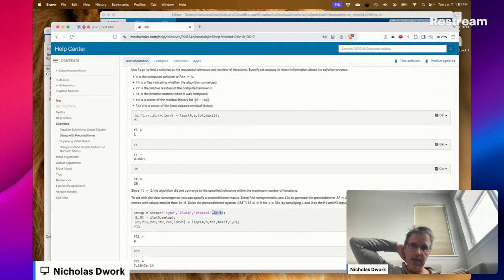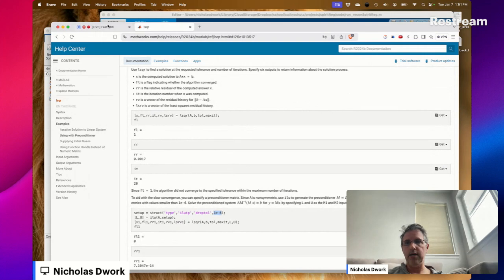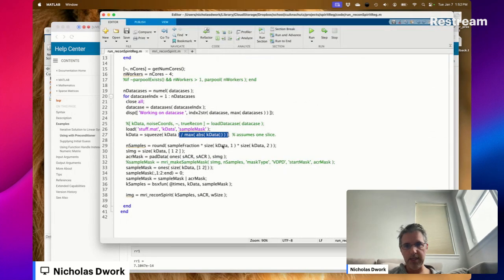So to make values like tolerance meaningful, I normalize the data by dividing by the maximum magnitude, so that the magnitudes of the MR data go from a minimum of 0 to a maximum of 1 all the time.